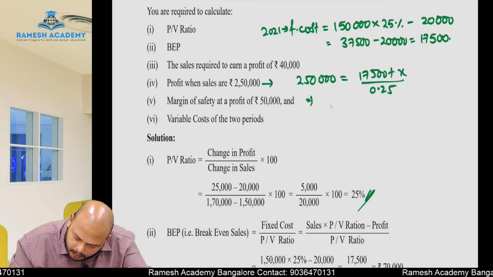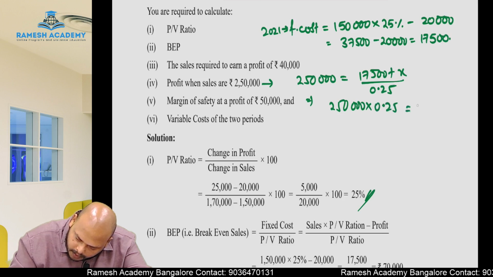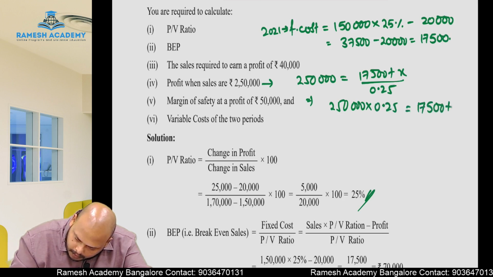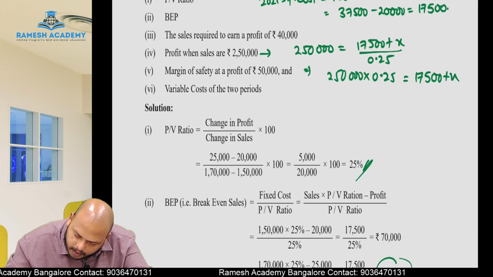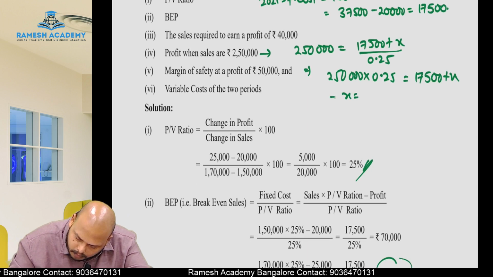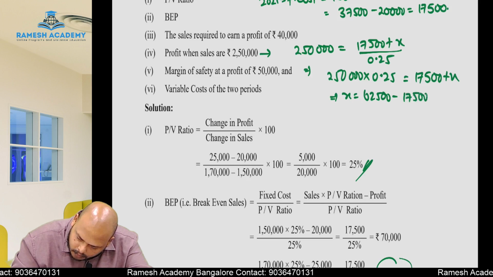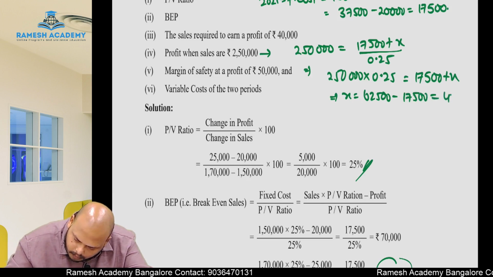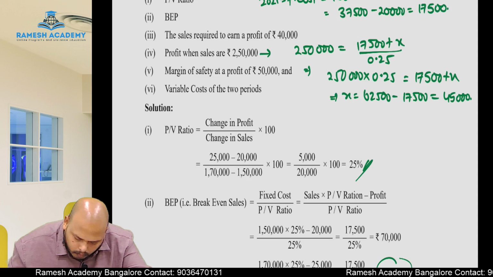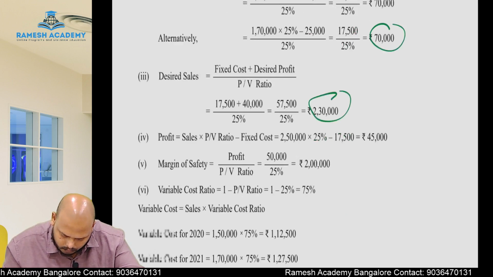Cross multiply: 2,50,000 into 0.25 is equal to 17,500 plus x. 2,50,000 into 0.25, how much? 62,500. So x is equal to 62,500 minus 17,500, 45,000. So what is the answer? Profit, when the sales are 2,50,000, is 45,000.